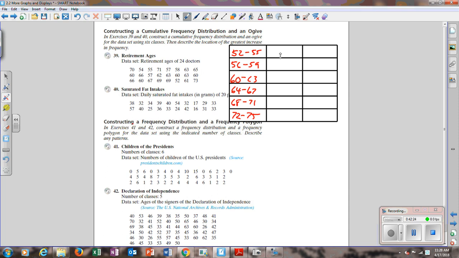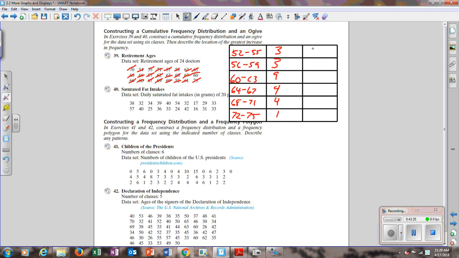Then for our frequency, we just count them up. 52 to 55, there's 1, 2, 3. 56 to 59, 1, 2, 3. 60 to 63, 1, 2, 3, 4, 5, 6, 7, 8, 9. 64 to 67, 1, 2, 3, 4. 68 to 71, 1, 2, 3, 4. 72 to 75, there's 1.